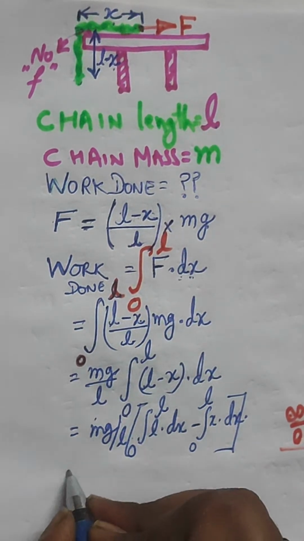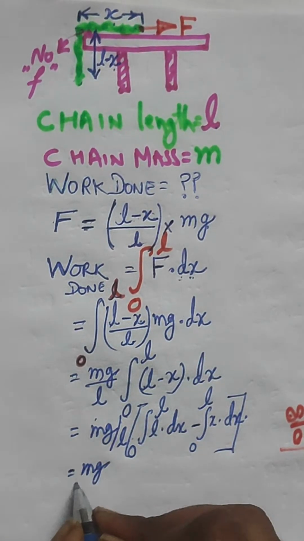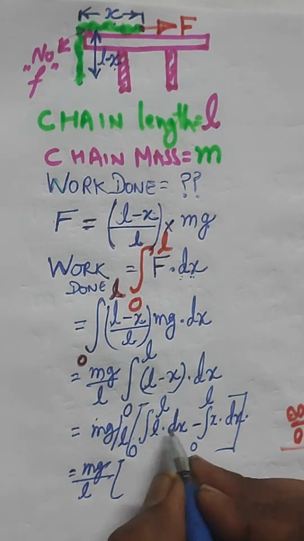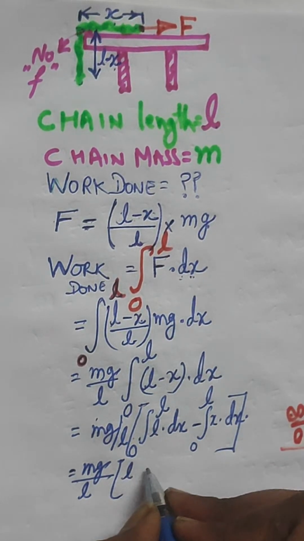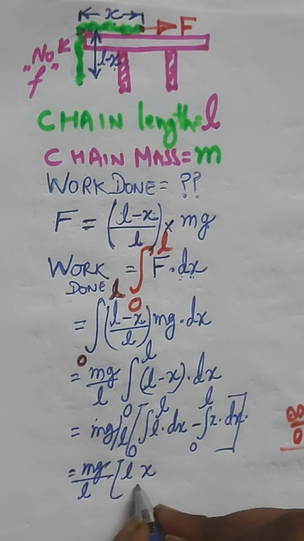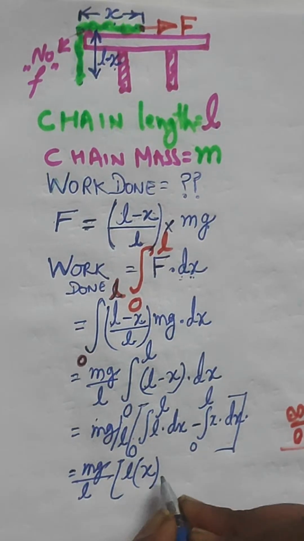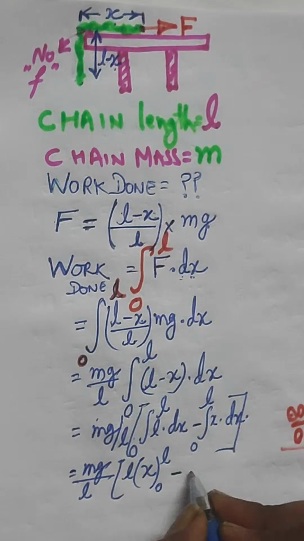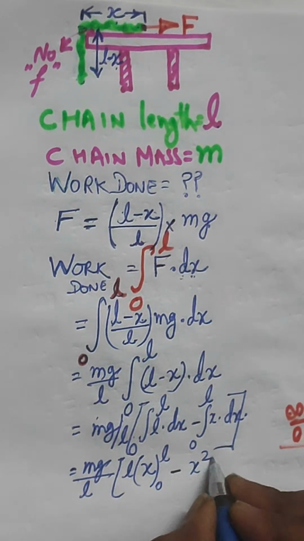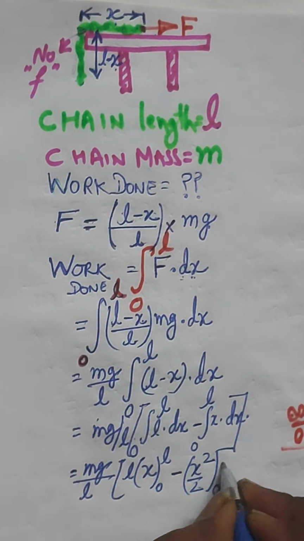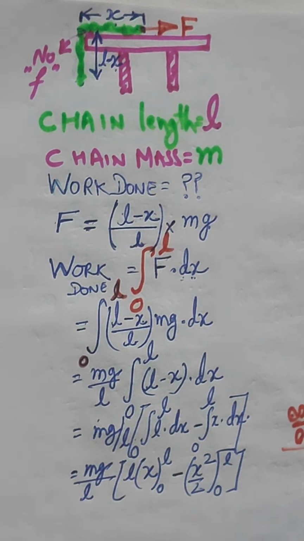So mg by L will be kept outside the bracket, and here in L dot dx, L will come out, and the integration of dx will be x, right? And the value should be from 0 to L, minus, for the other term, x square by 2, and its value varies from 0 to L, right? Now simply put the values.